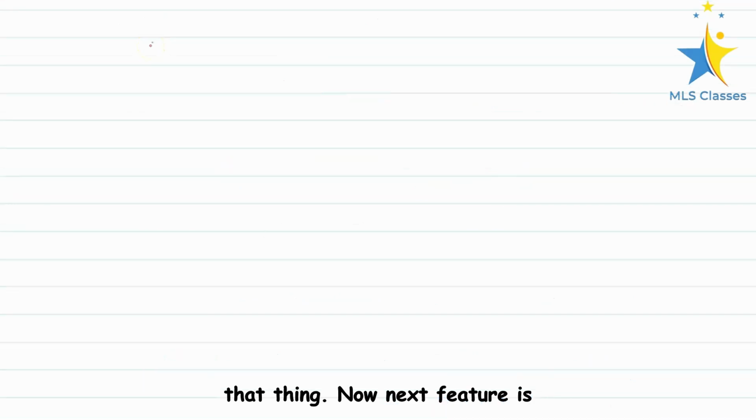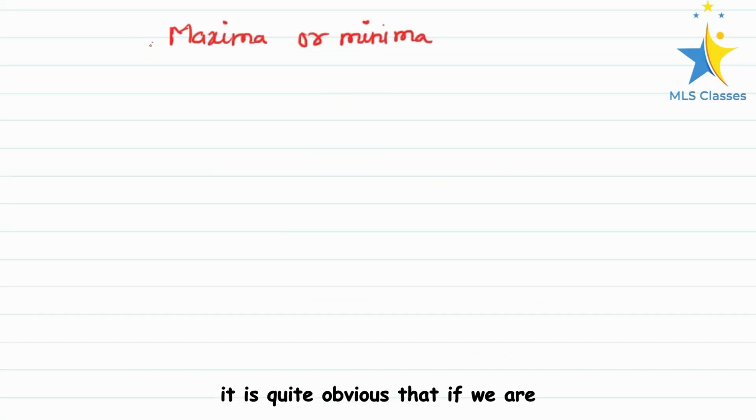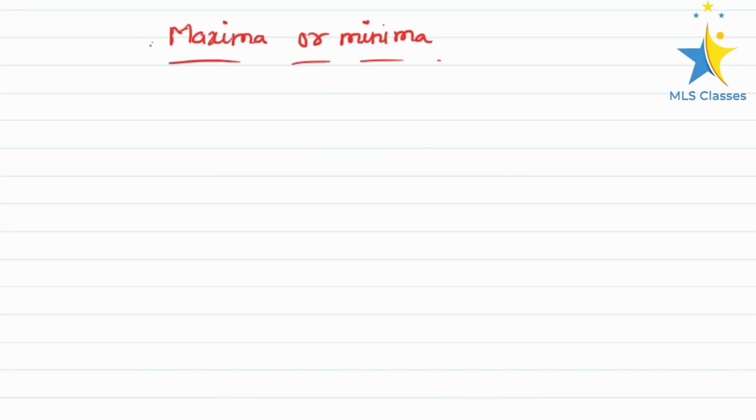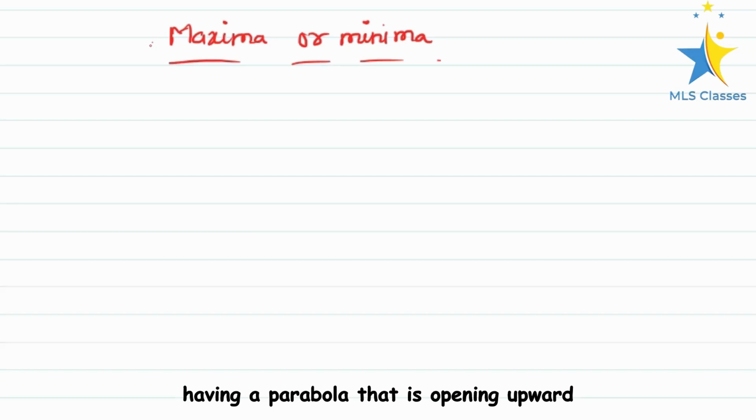Now the next feature is finding maxima or minima. It is quite obvious that if we have a parabola that is opening upward, then we will have a minimum point at the vertex. If a parabola is opening downward, then we will have a maximum point at the vertex.